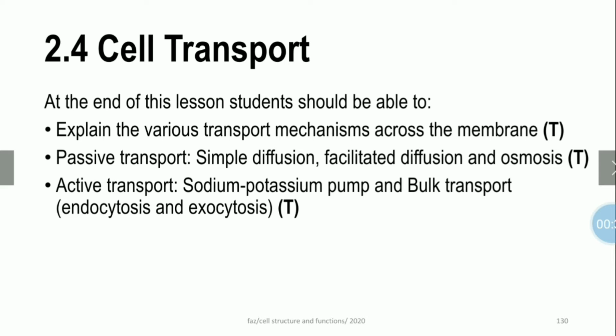Passive transport could be divided into three, which are simple diffusion, facilitated diffusion, and osmosis. Whereas active transport will include the sodium-potassium pump and bulk transport. Bulk transport can later be divided into endocytosis and exocytosis.